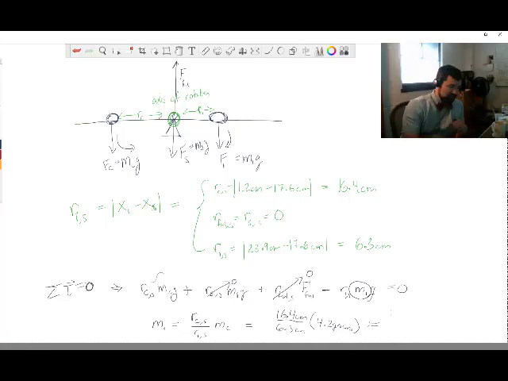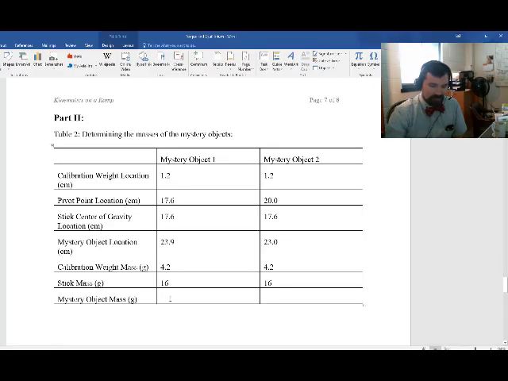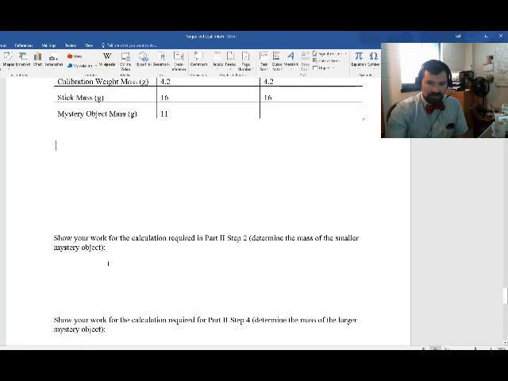That's actually about 10.9 grams. So again, we only have in this video two significant figures to work with because of this term, and really because of this term as well. So this we would write as 11 grams. And we can come to our data table and put in an 11 here. So we just answered this question.